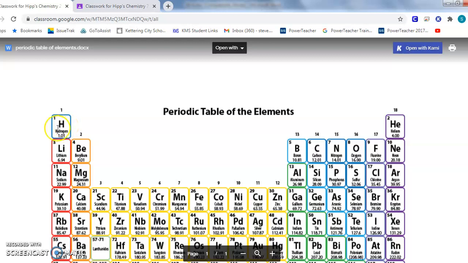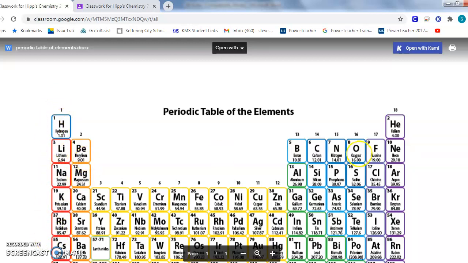Hydrogen can also lose an electron like everybody else in its family. Lithium starts with 3. It can lose 1 electron and become like helium, satisfying the duet rule. Sodium can lose 1 electron and become like neon. 11 minus 1 is 10. It turns out that this whole first column likes to become 1 plus.